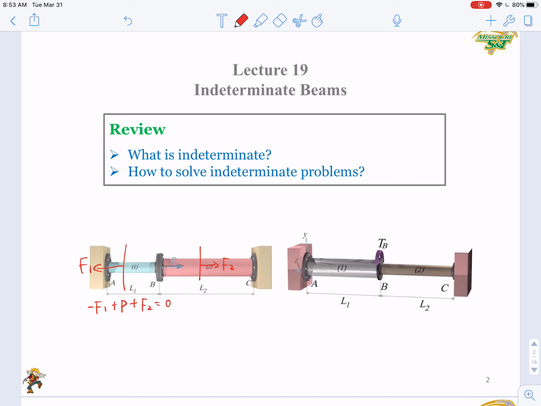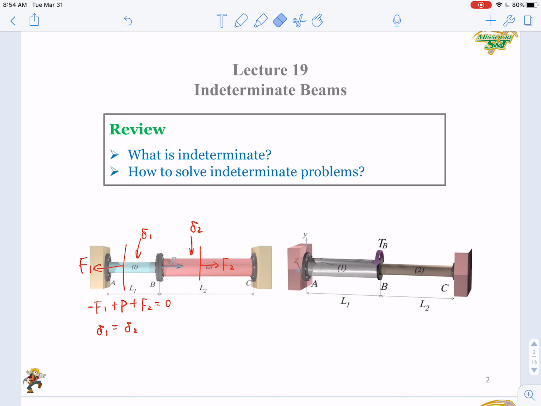So here, we say delta 1 is the potential deformation of bar 1 due to F1, and delta 2 is the potential deformation of bar 2 subjected to F2. Delta 1 and delta 2 should meet a compatibility equation. That is delta 1 equals delta 2, right?